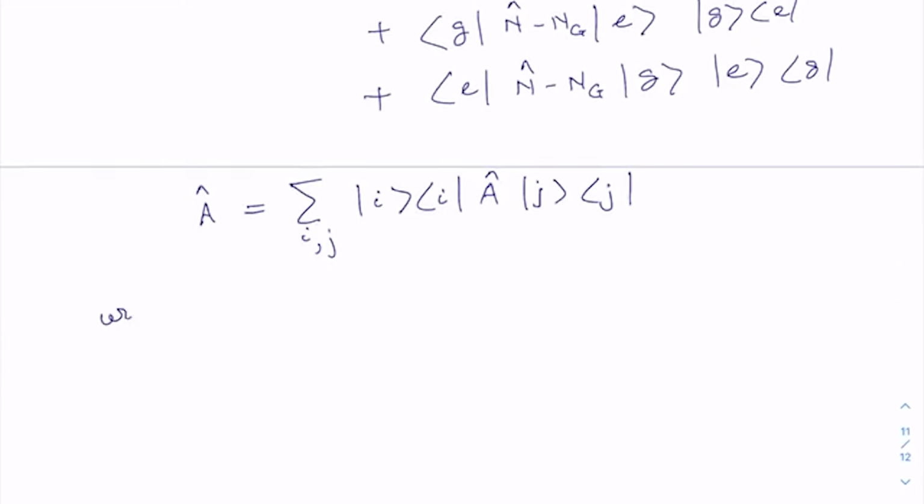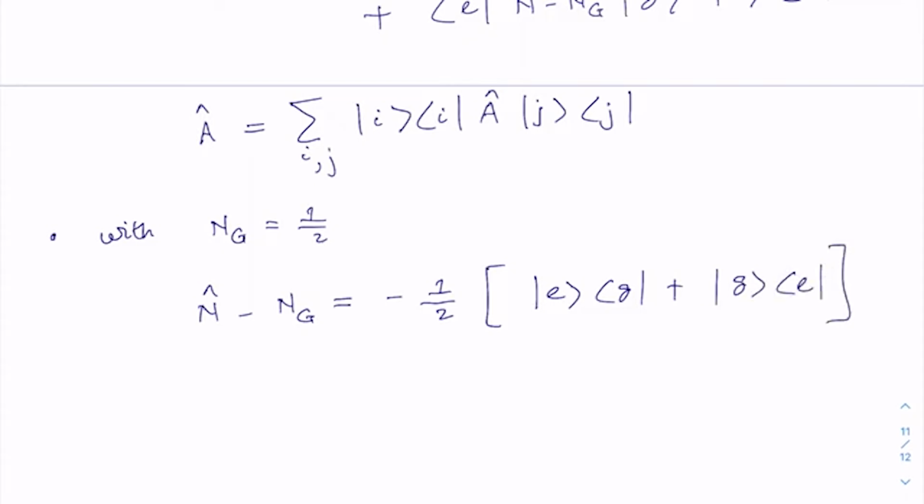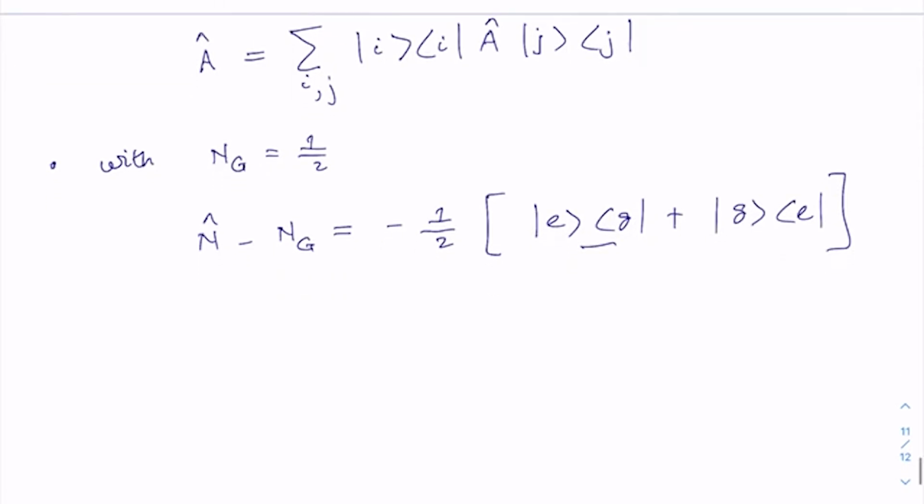Now with nz equal to half, it is straightforward to show that n minus nz is equal to minus half, ez plus ze. So this operator tells you that you can go from ground state to the excited state, or from the excited state to the ground state. So obviously this is our Pauli operator sigma x.